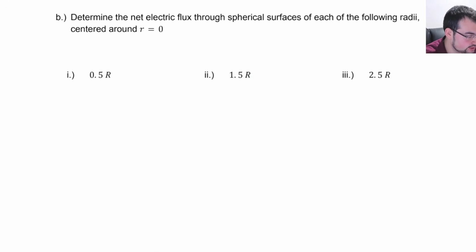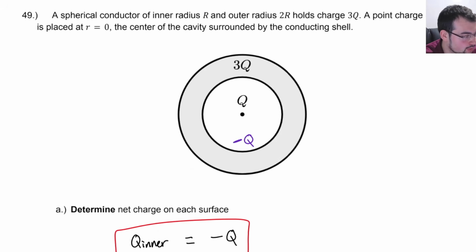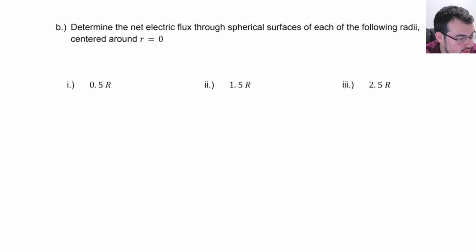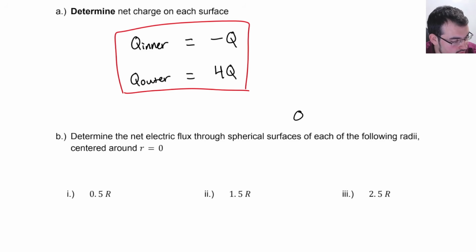Find the flux through each of these surfaces. Well, if I'm at 0.5 R, 0.5 R is this. So for finding the net flux, we're just going to use flux equals Q enclosed over epsilon naught.